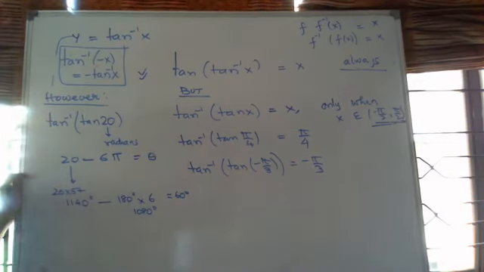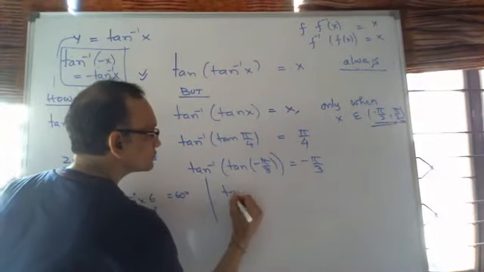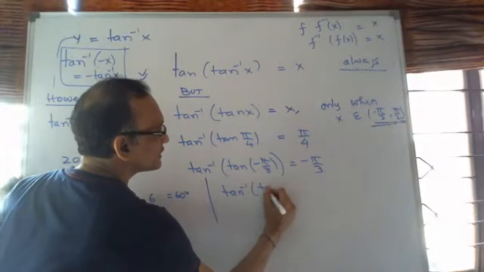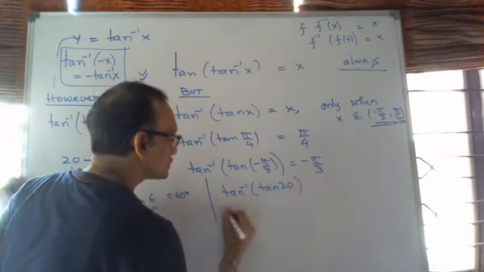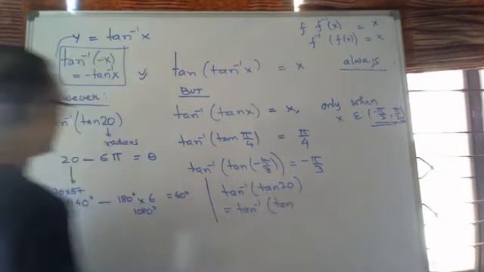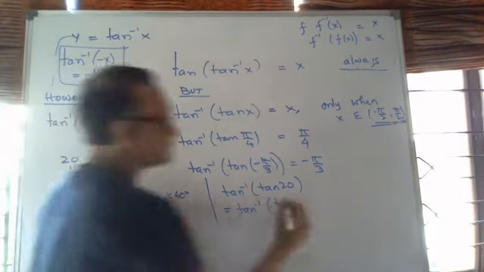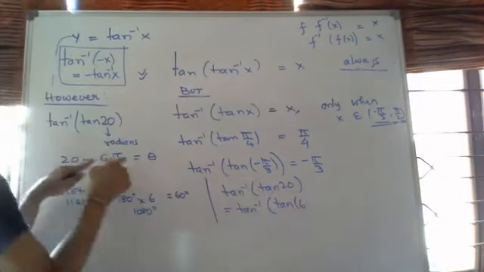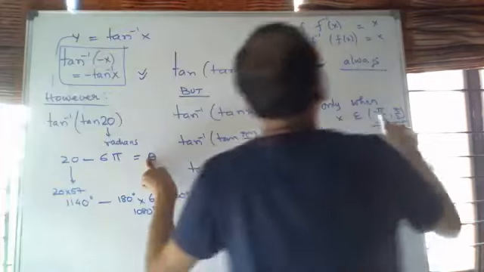Now tan inverse tan 20 radians is like tan inverse tan of 20, and 20 is theta plus 6 pi. I write 20 in terms of theta because theta is a useful guy.